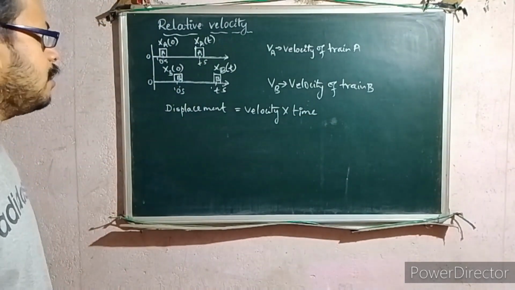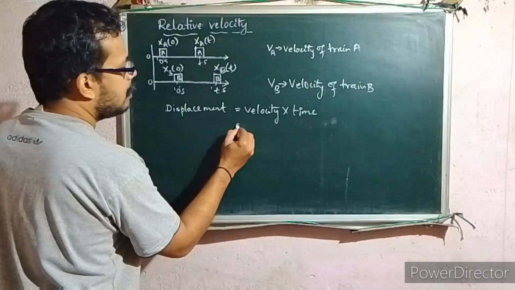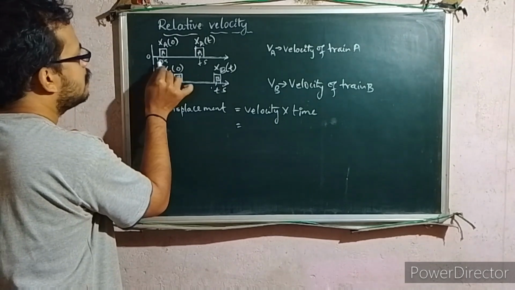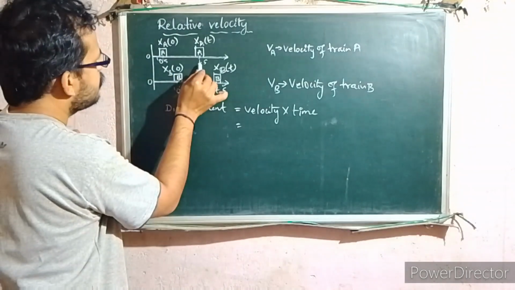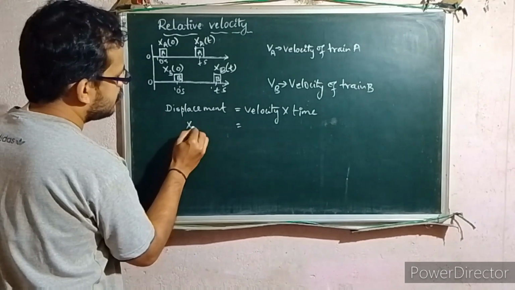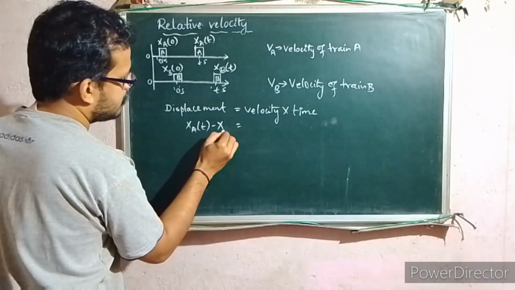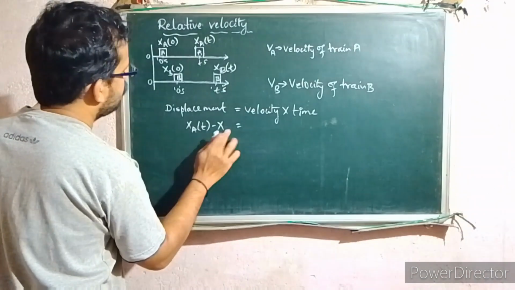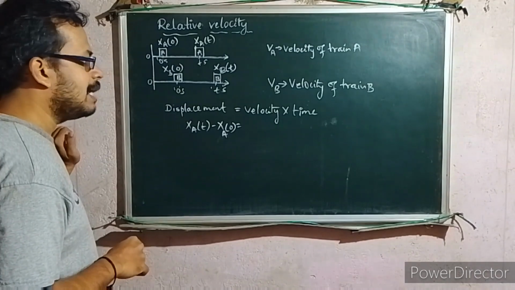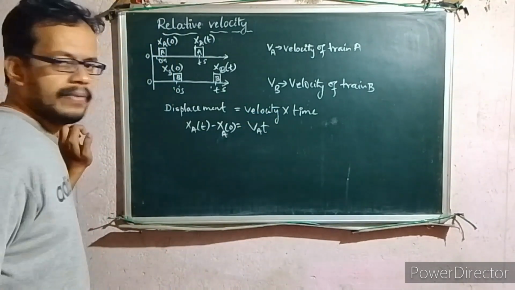By this basic equation, we can say the displacement of train A, between XA of t and XA of 0, is VA into t, isn't it?